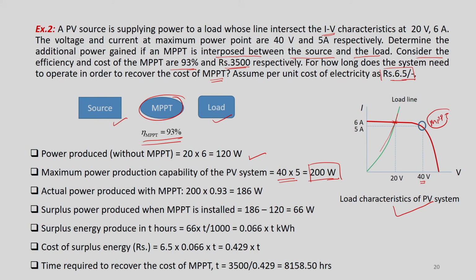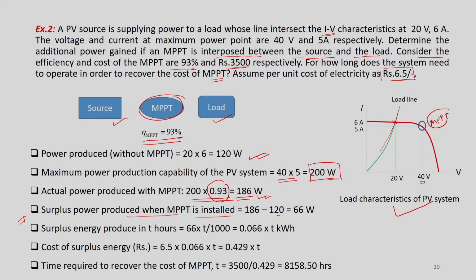The actual power produced with MPPT will be, because efficiency is 0.93, 186 watt. If I am interested to know the surplus power produced when MPPT is installed, then this much is the actual power produced, and the power produced without MPPT is already calculated. So, 186 minus 120 will be 66 watt.